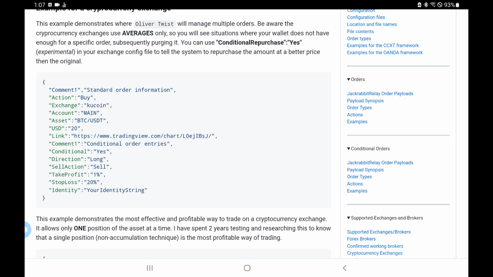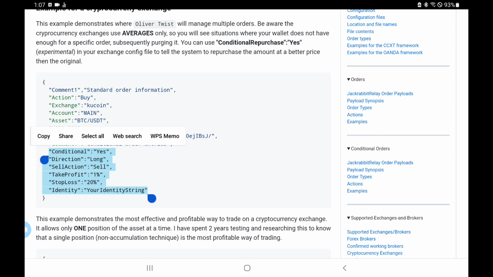It's a very basic one with the conditional part highlighted. You must tell Relay that this is a conditional order. That is what the conditional yes functionality is.